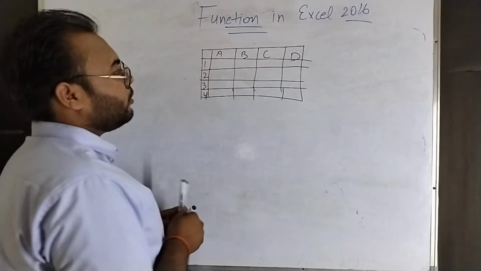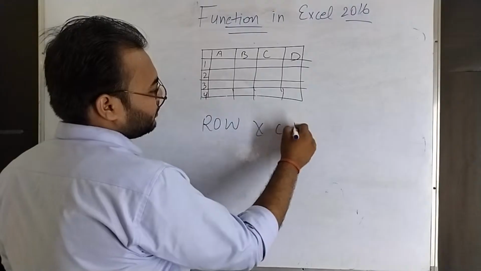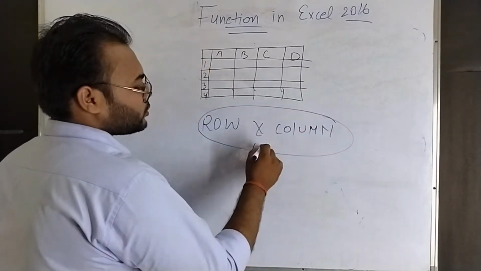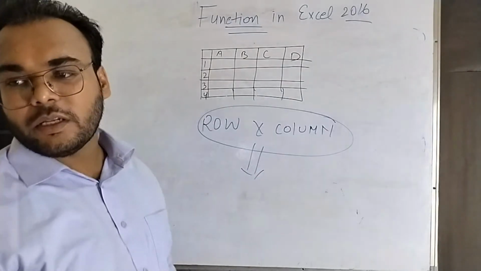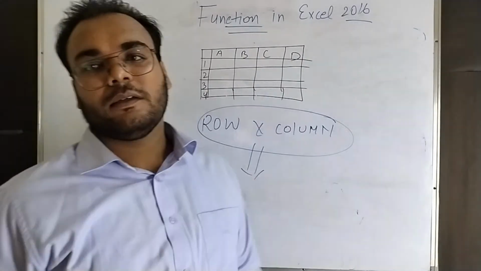Now this is the combination of row and column, and the combination of row and column is always called what? Comment करो जल्दी से, कौन बताएगा? The combination of row and column is called what in the function?